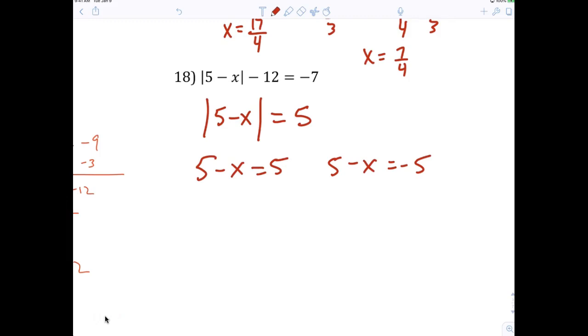Then minus 5, so x equals just what? And on the other side, negative x equals negative 10. So x equals 10.